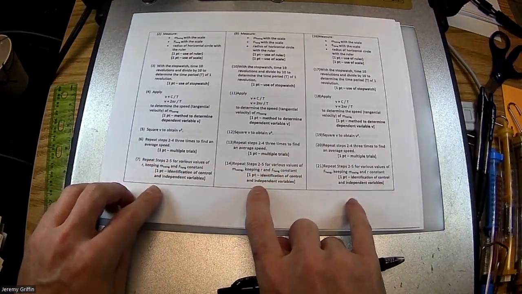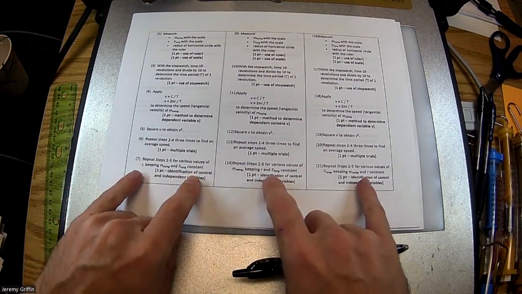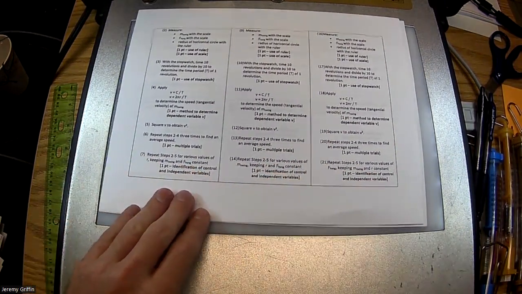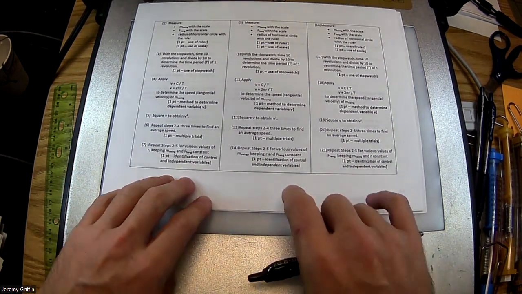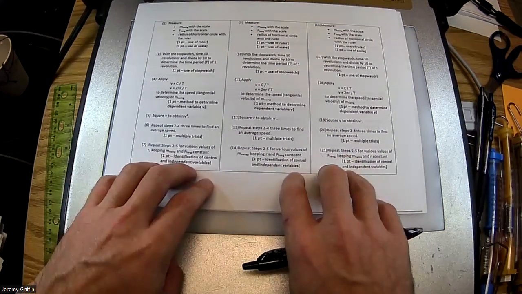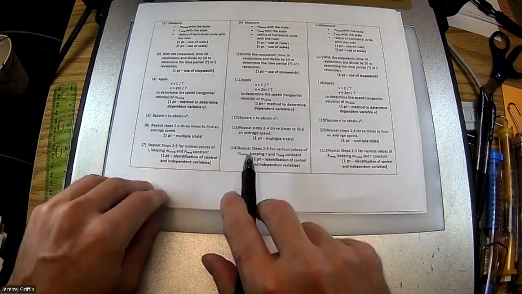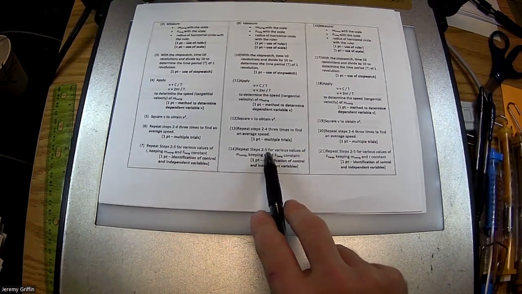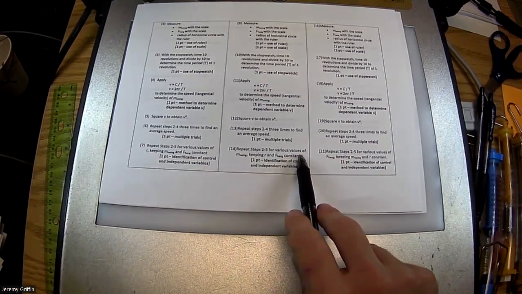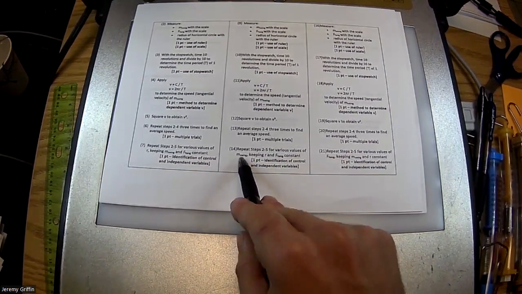And then, all right, here's where things get different. You have to somehow identify what your controls are and what your independent variable is, and here's where each team had something different going on. If you have the spades, you might say something like, repeat steps number through number for various values of the swinging mass.